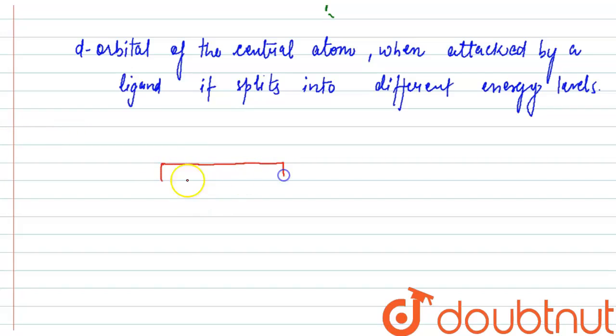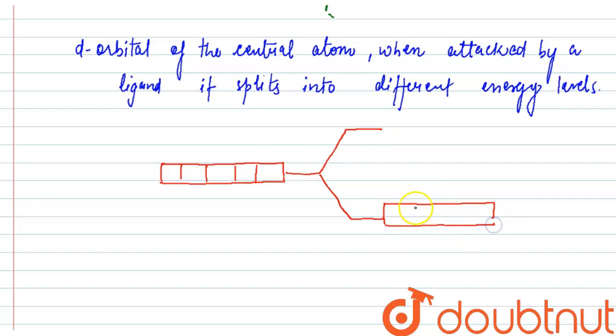If this is the d orbital that we have, a total of 5, it splits into 2 energy levels like this. The lower one is called t2g, and the higher one is called eg.